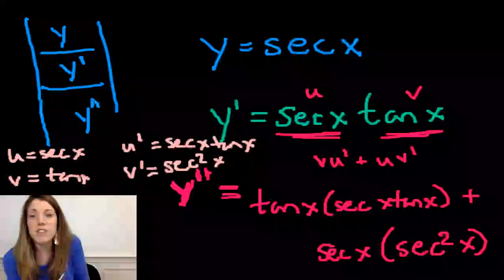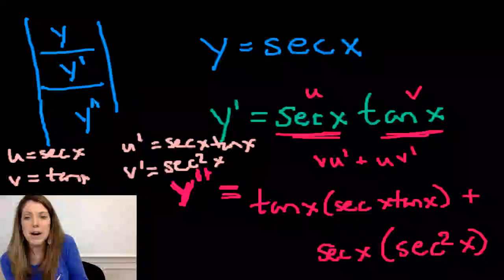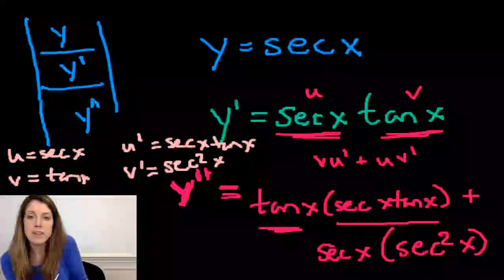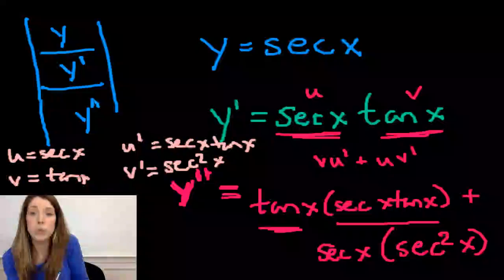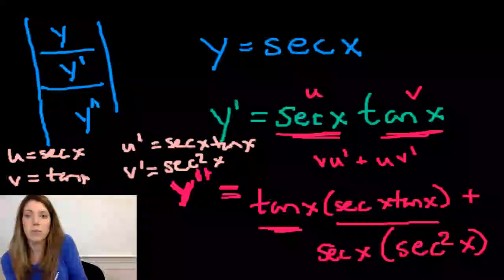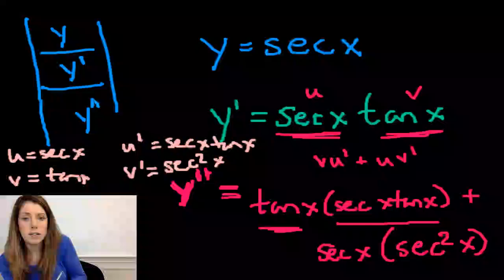And I probably don't even have to tell you that this can be simplified, right? We can take this secant x tangent x that's being multiplied by tan of x, and we can actually make this secant x tangent squared of x. I'm going to write it with a different color because I don't really want to move to a different page.